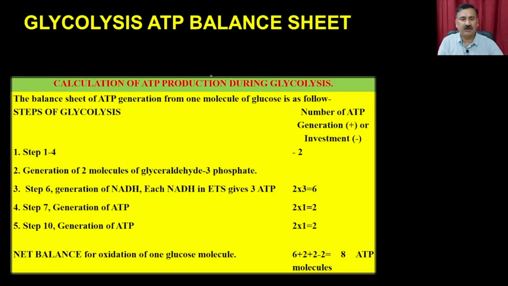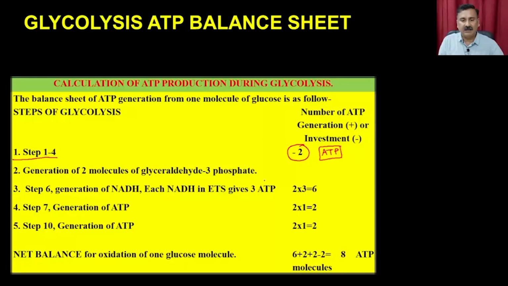So the balance sheet of the energy production is as follows. In steps 1 to 4, you use 2 molecules of ATP. This means you consume 2 molecules of ATP: the first when converting glucose to glucose 6-phosphate, and the second when converting fructose 6-phosphate to fructose 1,6-bisphosphate.